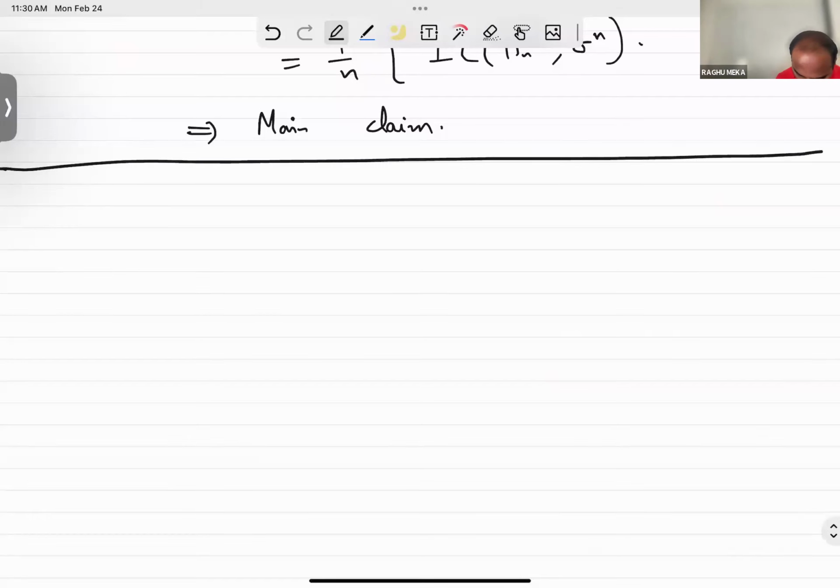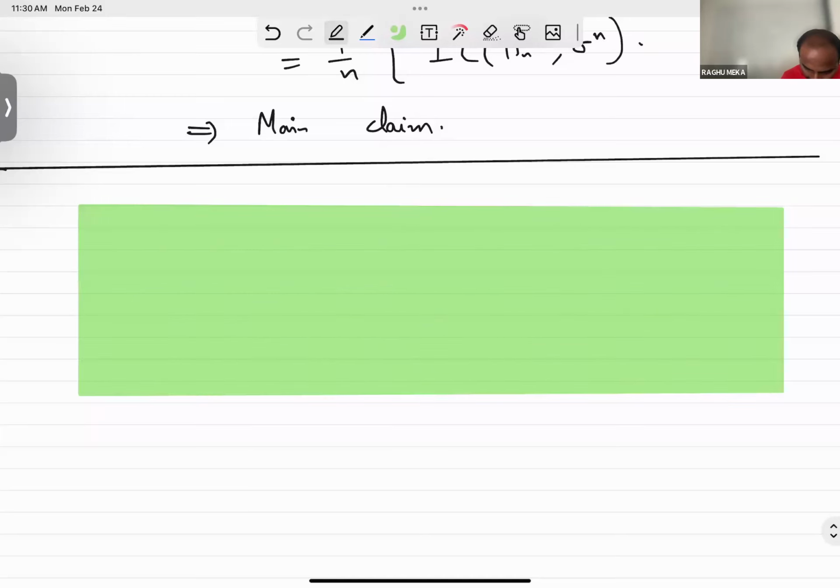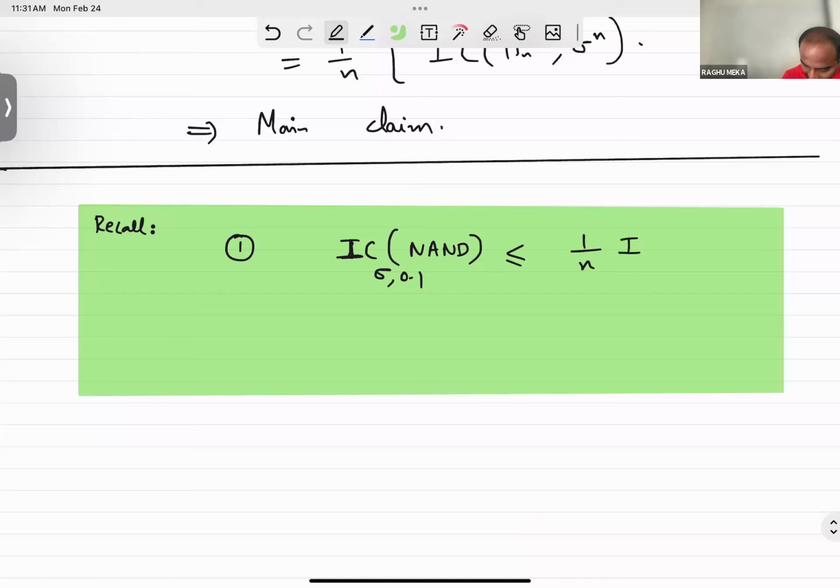And if we go back to our outline, what we just showed was that the information complexity of NAND with respect to sigma is at most 1 over n times the information complexity of disjointness with respect to sigma to the n. Okay, so this is what we showed. Now there's a second thing that we need to show, which was this.